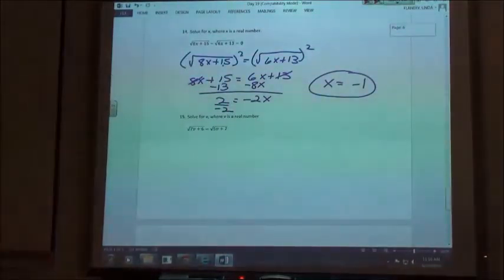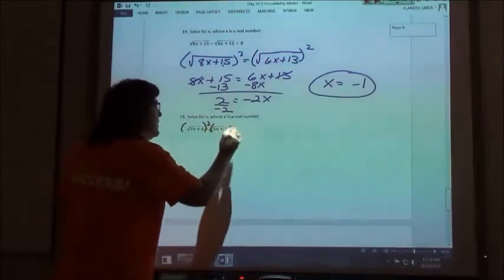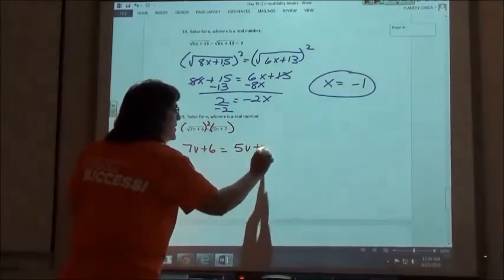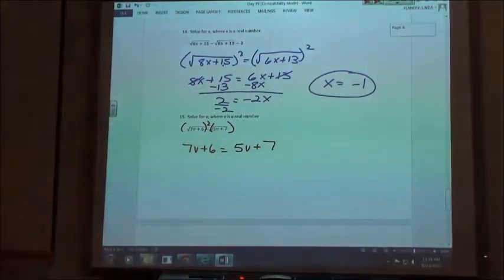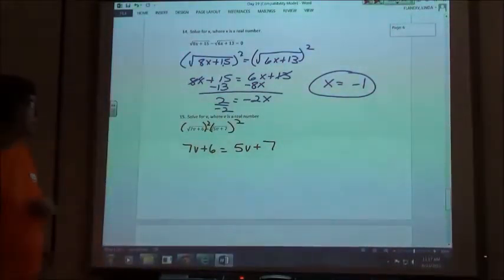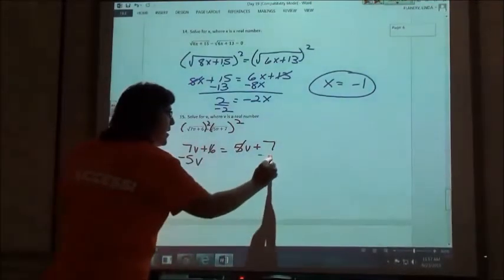And 15, same kind of thing. I already have my square roots on opposite sides, so I can just square both sides. 7v plus 6 equals 5v plus 7. If I'm going to solve that, I would minus my 5v and minus my 6.